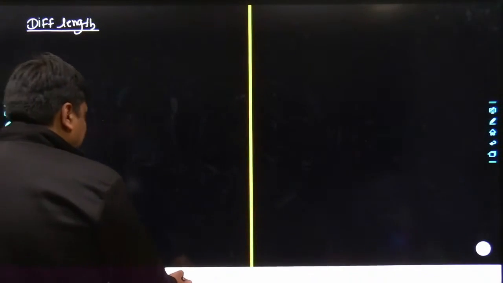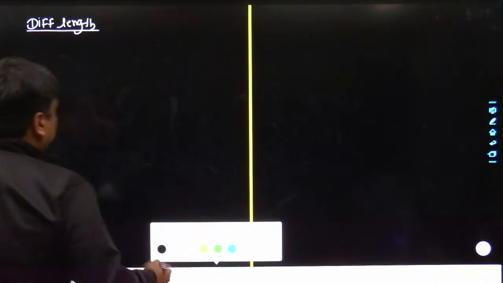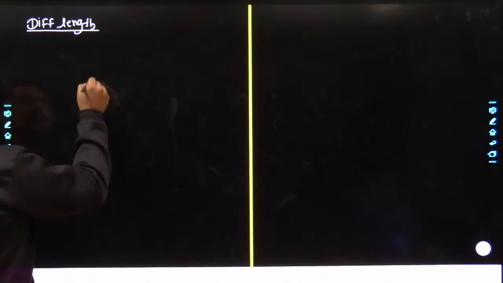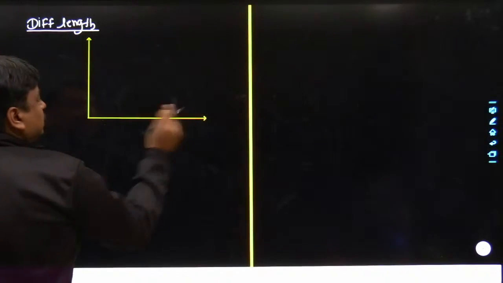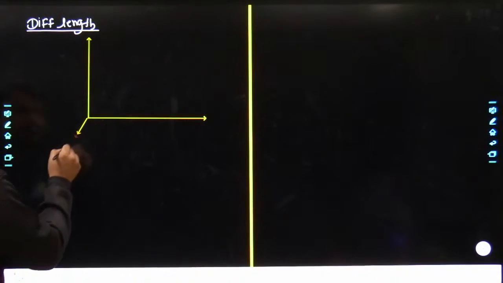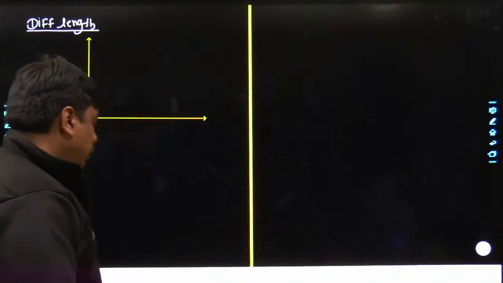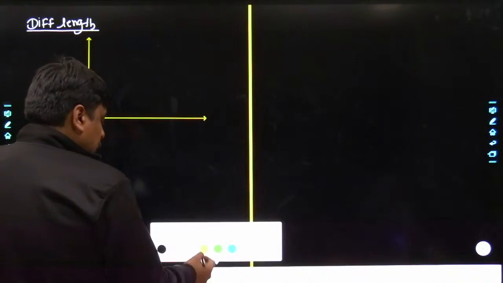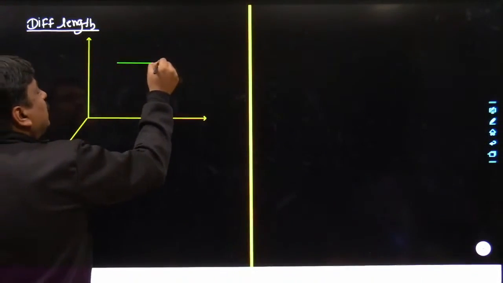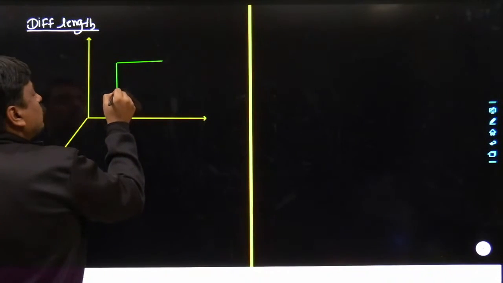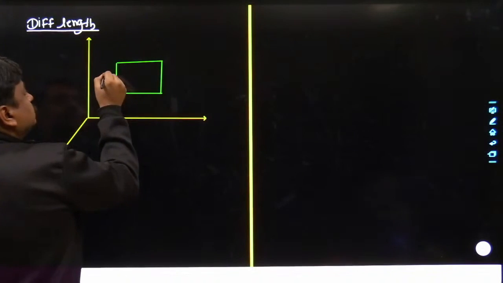So let me use the Cartesian coordinate system which we have used earlier. Here goes my z axis, here goes my positive y axis, and here comes my positive x axis vertically outside from this 2D plane. Now let me draw an infinitely small cube over here.